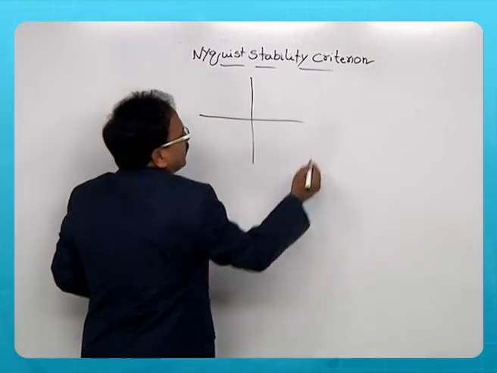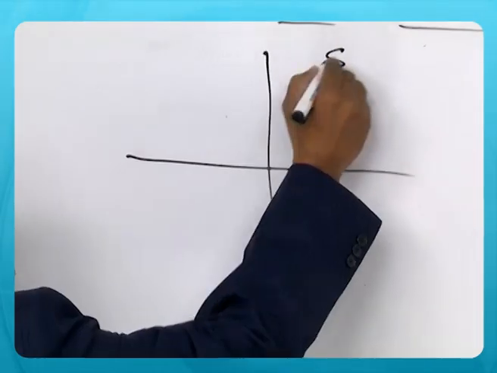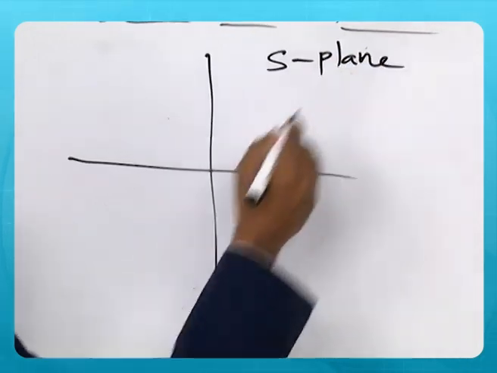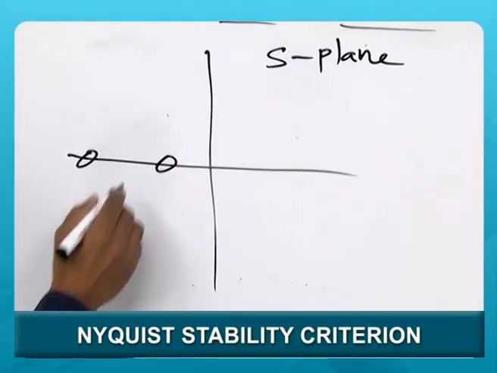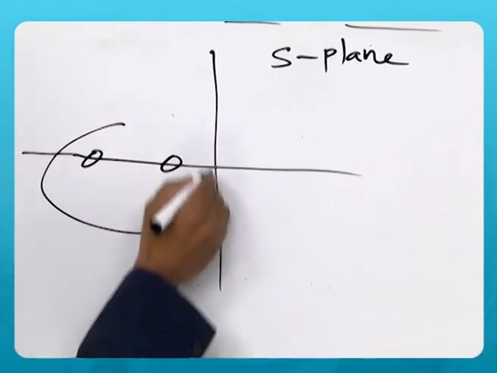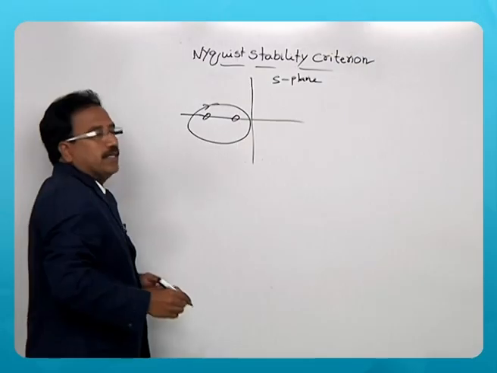Suppose in the S-plane there are two zeros in the left half of the S-plane and they are covered by a closed path.